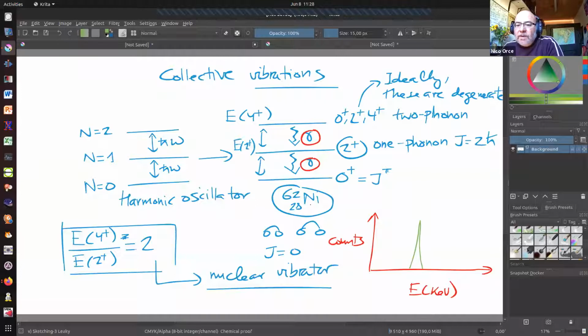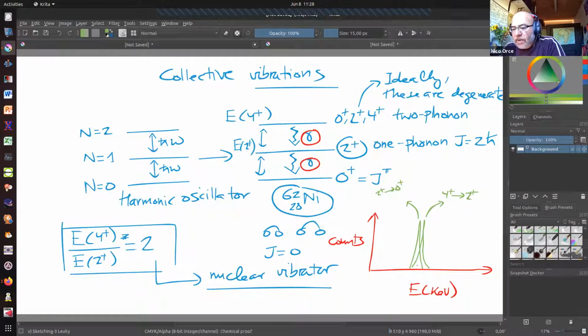But this is 2 times an excitation, and the gamma rays are the same, right? So there will be another gamma ray with about the same energy right there. This will be the transition from the 2 plus to 0 plus, which generally is bigger than this one. And this will be the transition from the 4 plus to the 2 plus. And also we have the transition from the 0 plus to the 2 plus.